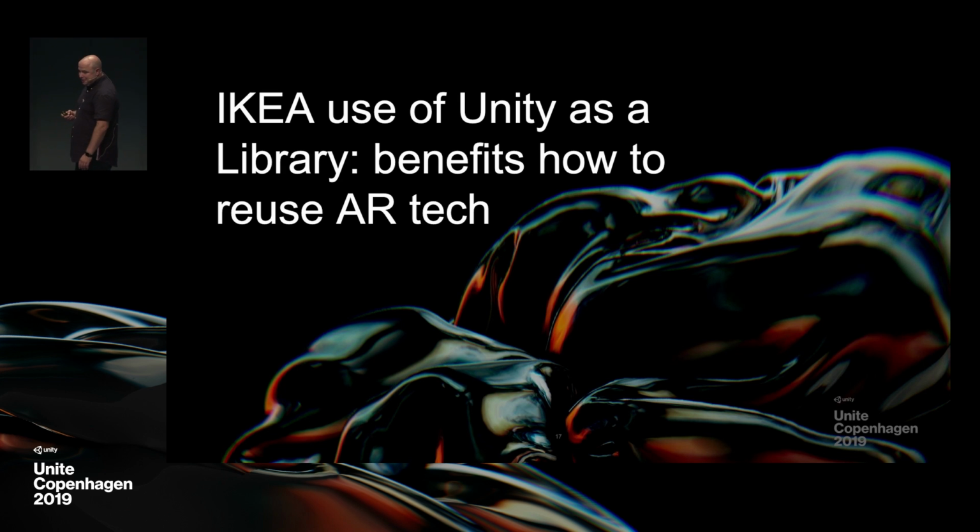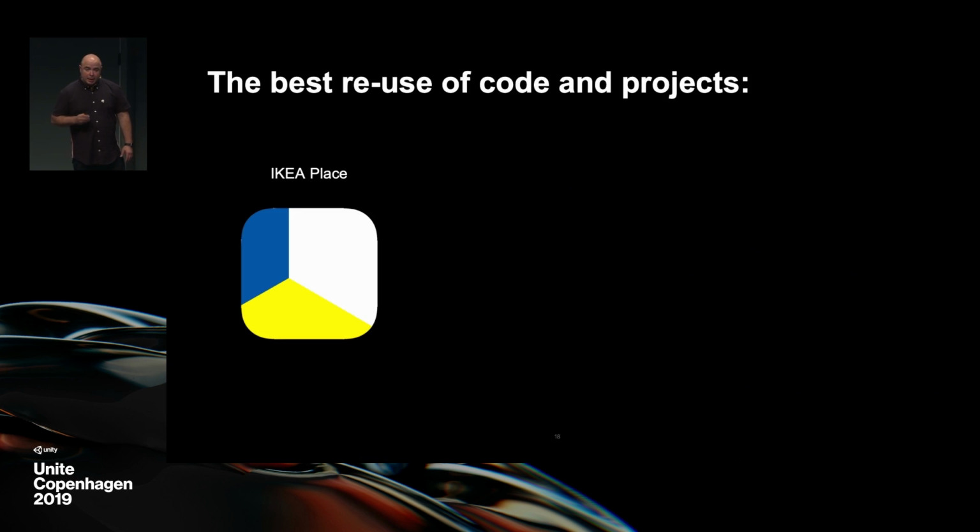Having said all that, now we can understand how and why IKEA wanted to use Unity as a library to boost their IKEAPlace application. A little bit of history here.